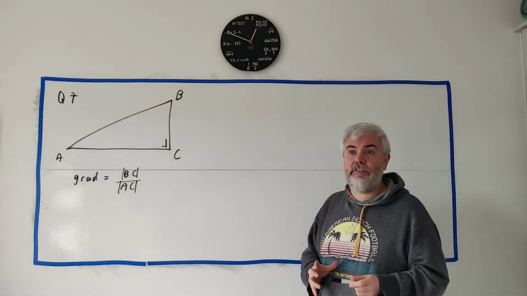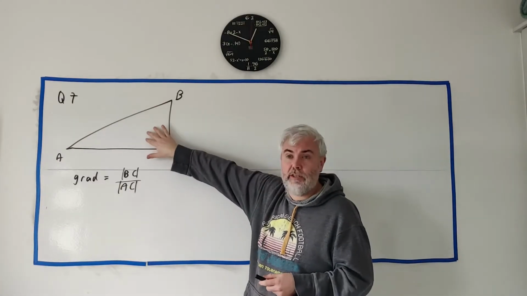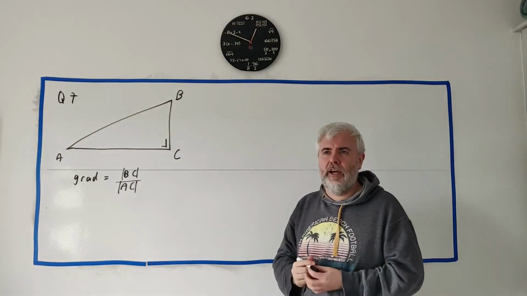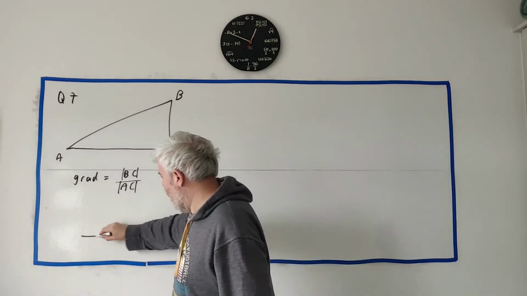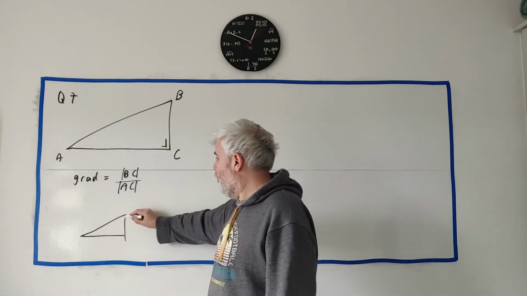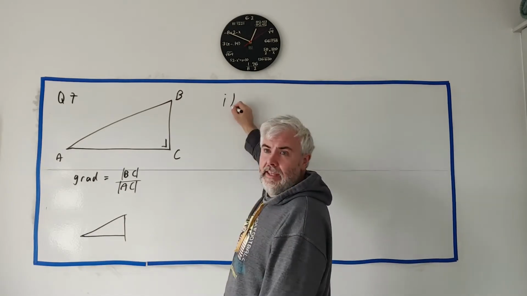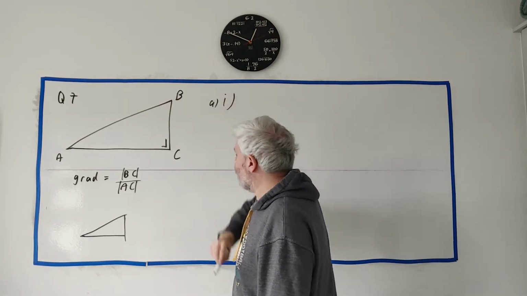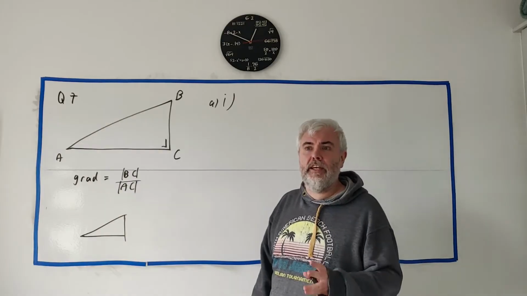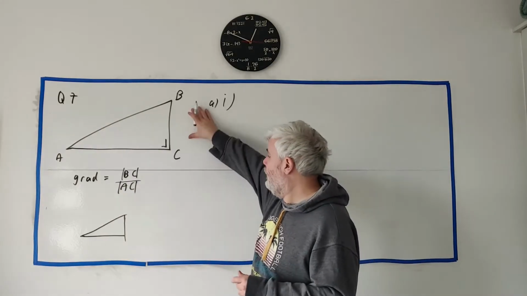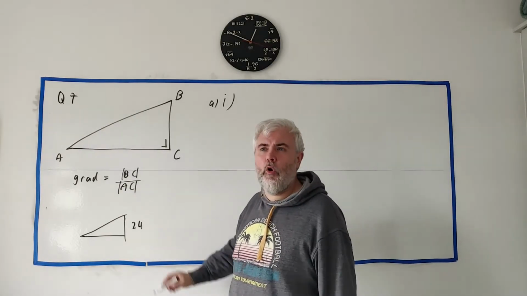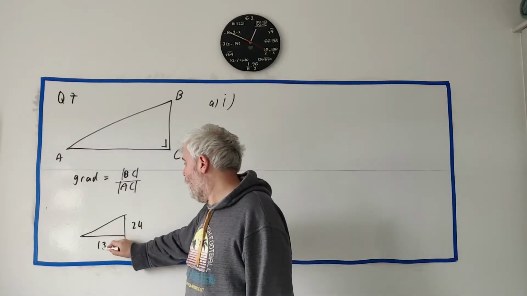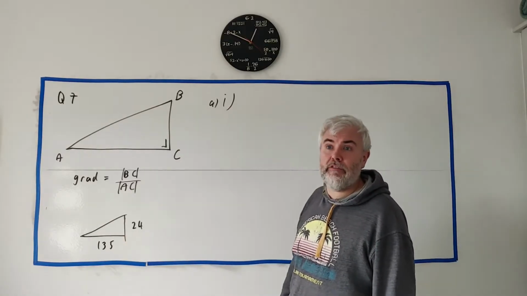Okay, to start us off though, they ask us a few questions about this shape, but the numbers are going to change every time. So I'll draw a new triangle down here every time. In part 1, they tell us that BC, this height here, is 24, and AC is 135.